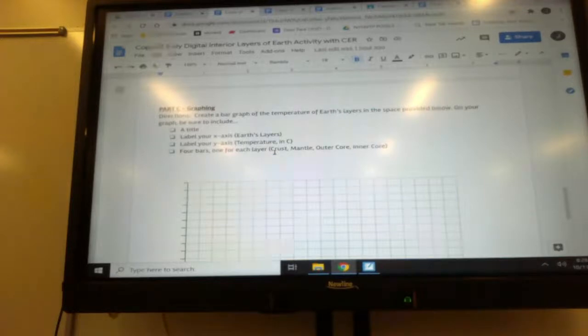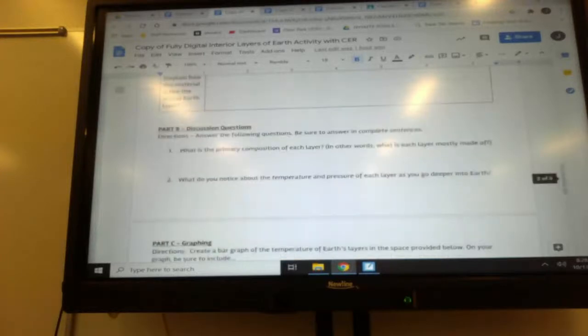The hotter it gets, it increases, right? Along with what Melissa pointed out before, pressure also increases, all right? So you can expect to see your bar graph increasing as you go through the layers. All right, so you can go ahead and complete that now.